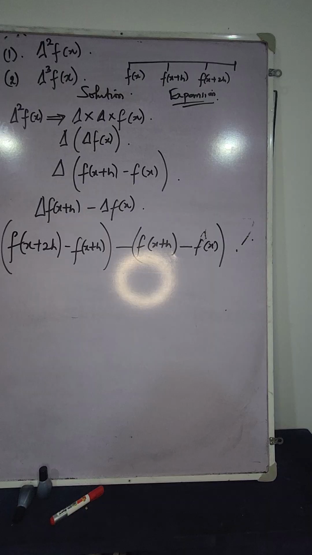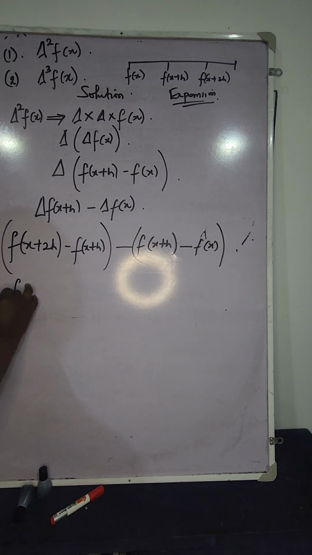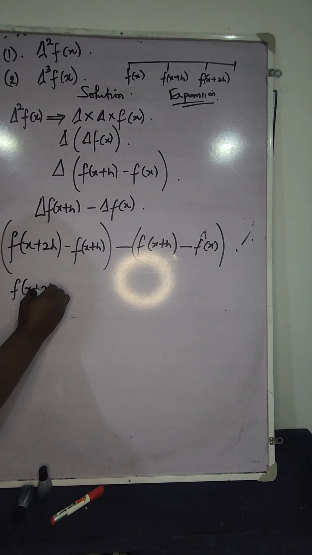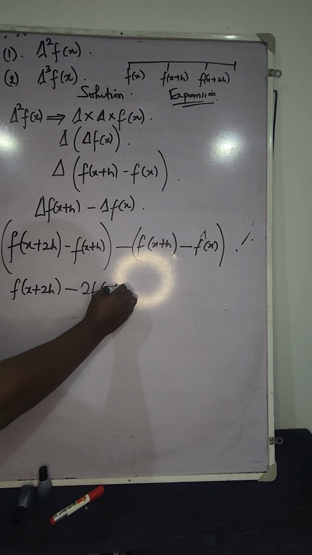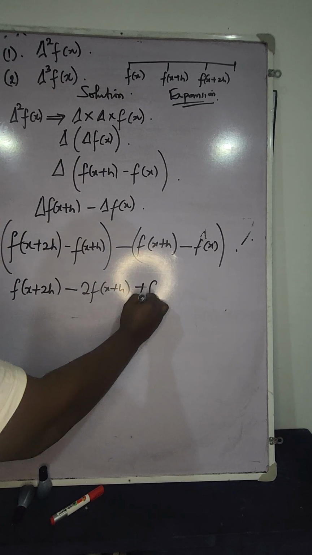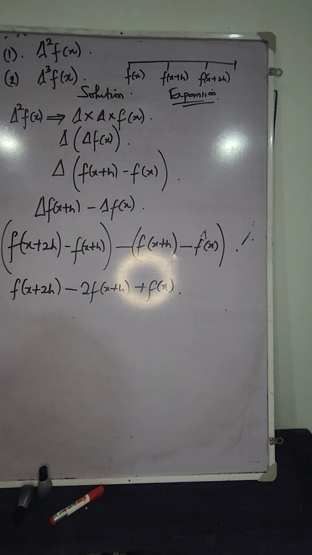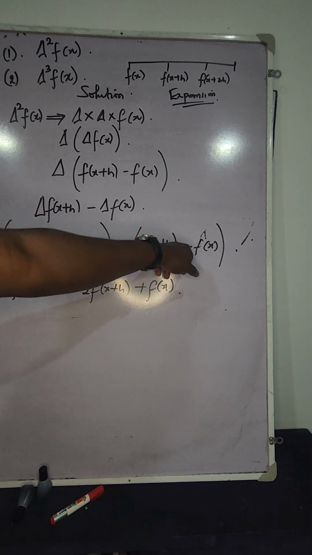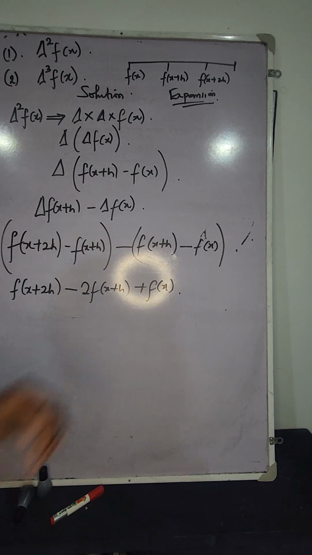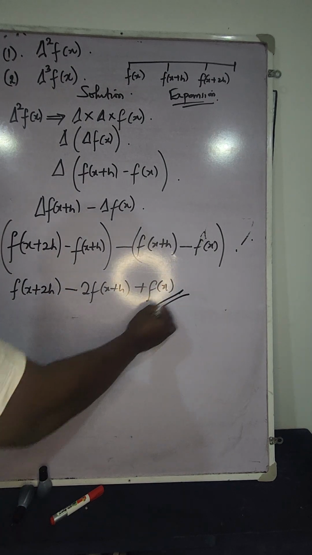Did you see that? And so we will now say that we have f of x plus 2h minus 2 f of x plus h plus f of x. Because minus times minus is plus. So this is the expression you have.